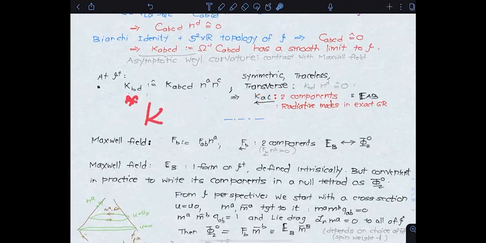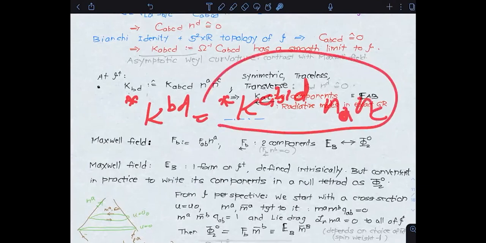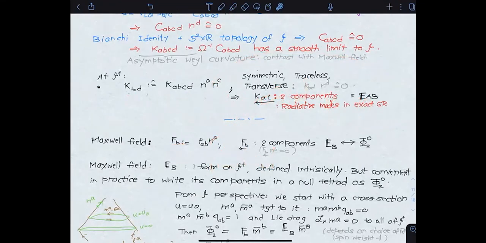You start with the star K_BD upstairs equal to star K_ABCD with N^B, and A and C. This is what you might call the magnetic part, which has the same radiative information as this quantity. So with null surfaces you have to be a little more careful, but you can use either of them. For these lectures, I'm going to stick with just K with downstairs indices, and that is what is going to give you the radiation. Okay, thank you.